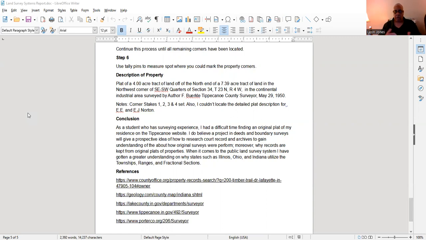Moreover, while records kept from original plats of properties. So basically, when it comes to the public land survey system, I've gotten a greater understanding of why states such as Illinois, Ohio, and Indiana utilize townships, ranges, and fractional sections.